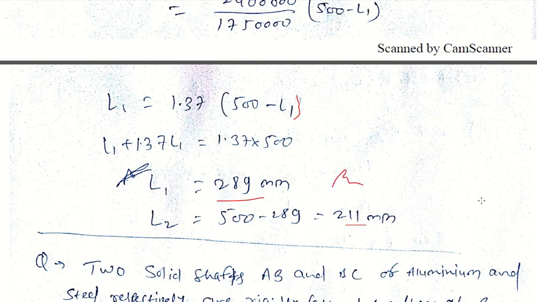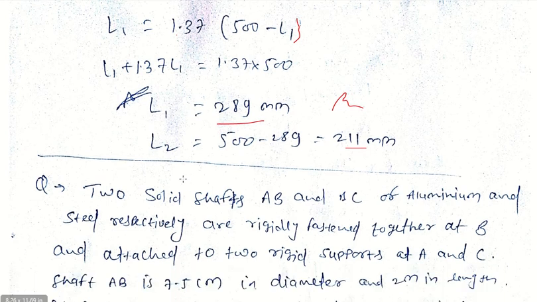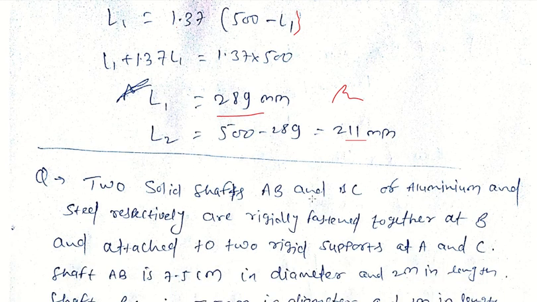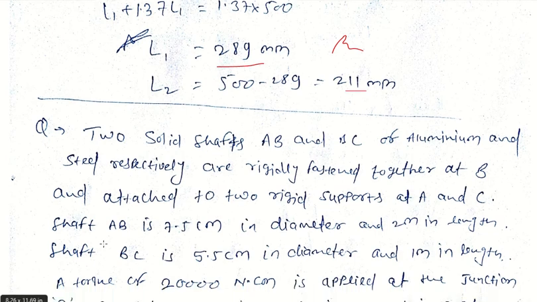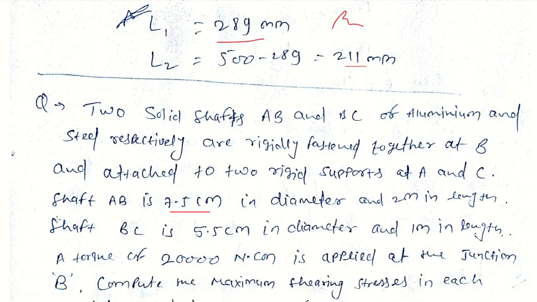This is the answer. Now another question. Two solid shafts AB and BC, of aluminum and steel respectively, are rigidly fastened together at B and attached to two rigid supports at A and C. Shaft AB is 7.5 centimeter in diameter and 2 meter in length.